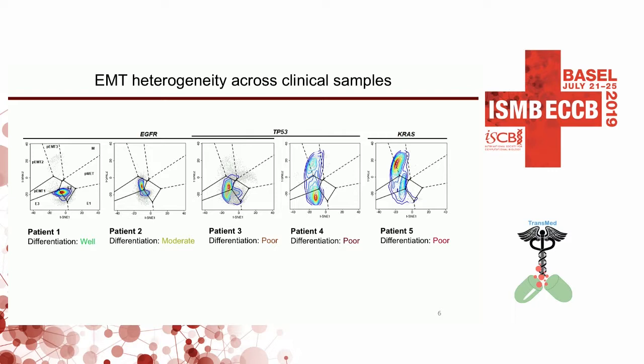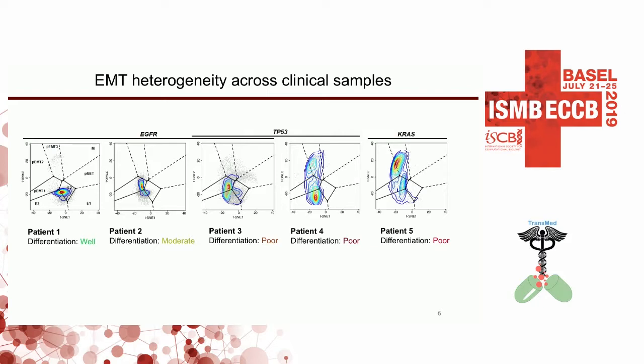We have partial EMT state regions denoted as P-EMT 1, 2, and 3. Then we have a mesenchymal state denoted as M, and a partial MET state, which is a reversible region, denoted as MET.